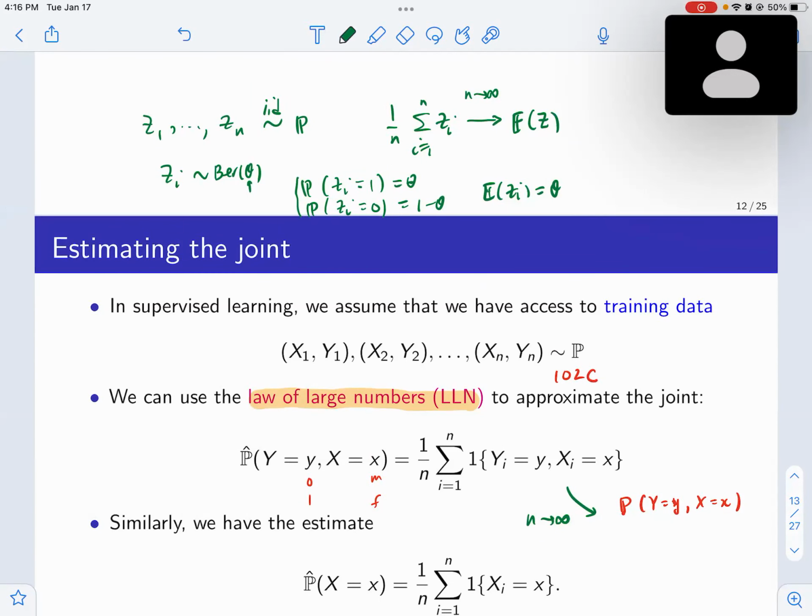It seems like the law of large numbers, the way that I presented it, is about expectations, not probabilities. But here I'm claiming that the same law implies that this converges as n goes to infinity to what we want, which is the population probability here. Can anyone see the connection? Is there a connection between expectations and probability? It is.